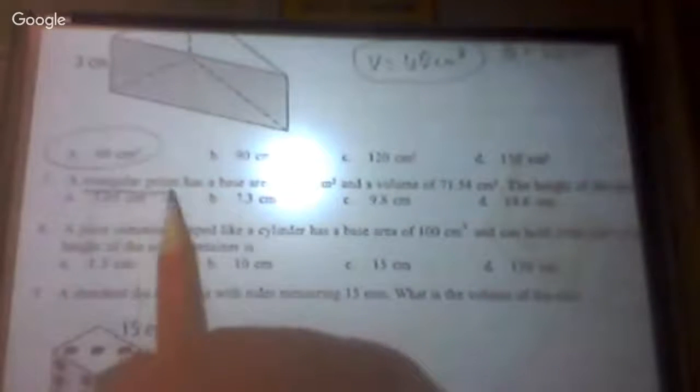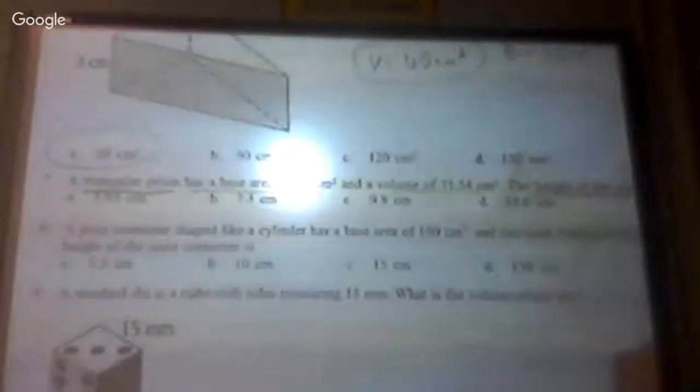Number 7. It talks about a triangular prism. It has a base area of that and a volume of that. Find the height. All right, so triangular prism, base area, volume, find the height.